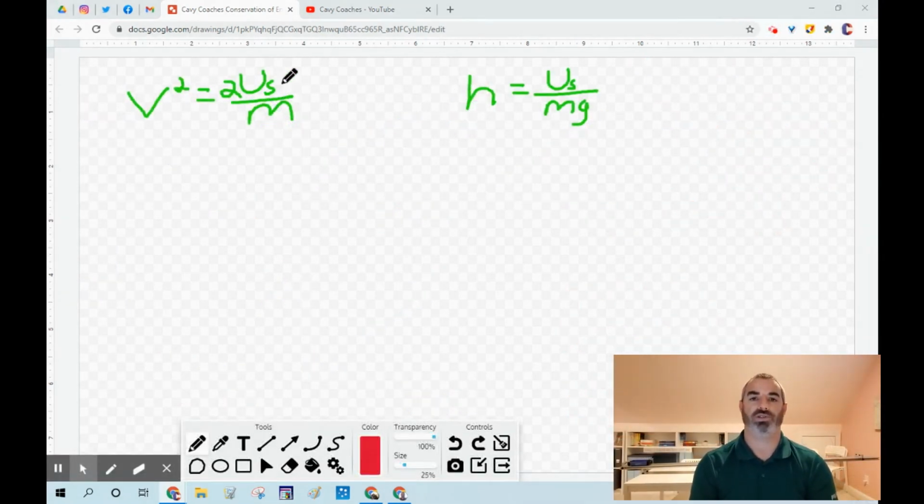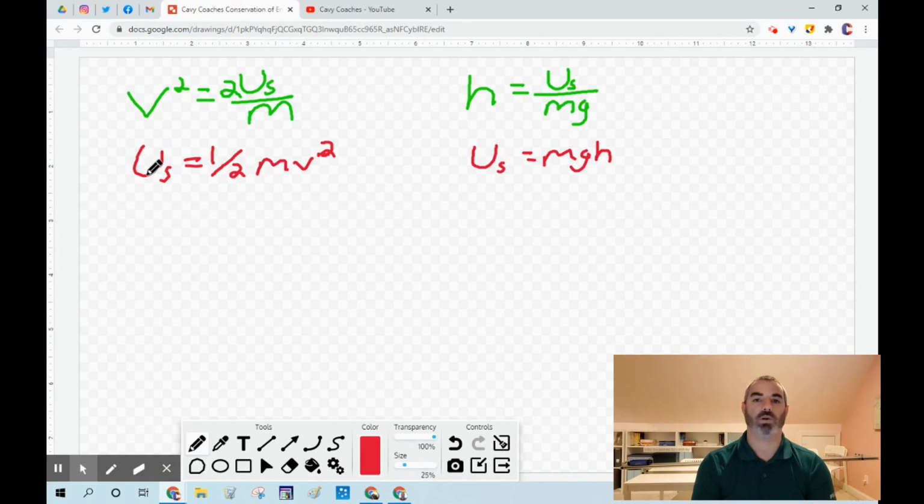So let's look at the equations individually. Well, we know that if we solve these equations for each of the energies, we're going to get that Us is equal to 1/2 mv squared. Us is equal to mgh. Well, if we remember from our bar charts that we created at the beginning, we know that the stored spring energy for this one was equal to the kinetic energy.